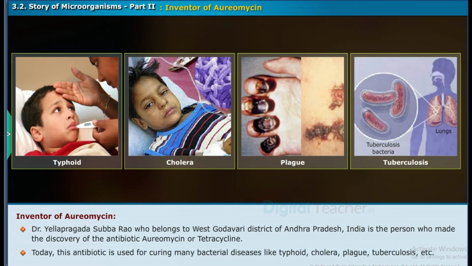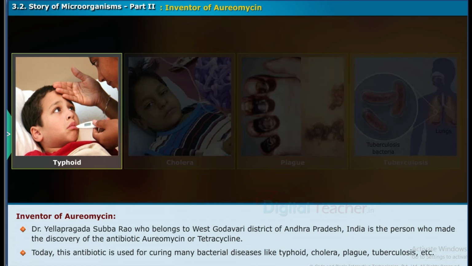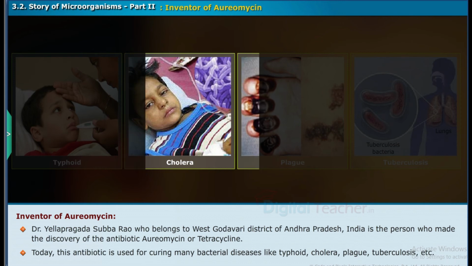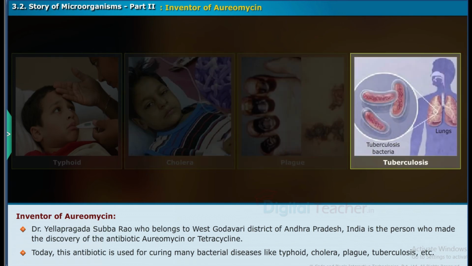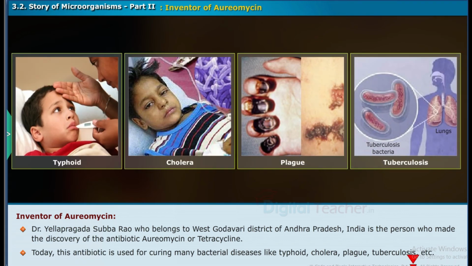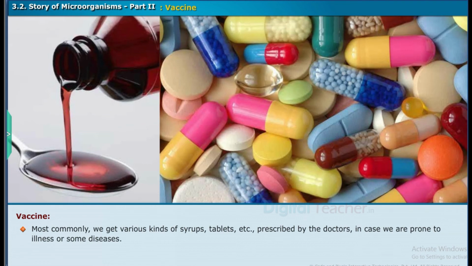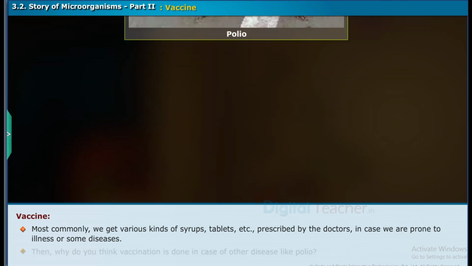Today, this antibiotic is used for curing many bacterial diseases like typhoid, cholera, plague, tuberculosis, etc. Most commonly, we get various kinds of syrups, tablets, etc. prescribed by the doctors in case we are prone to illness or some diseases.